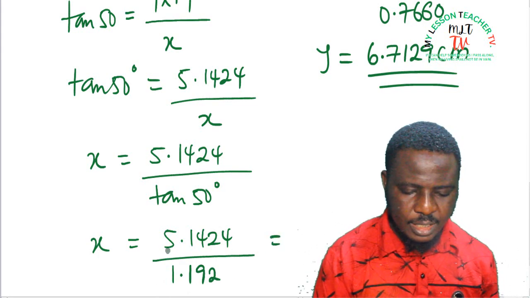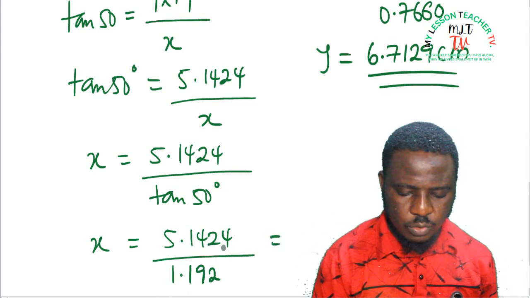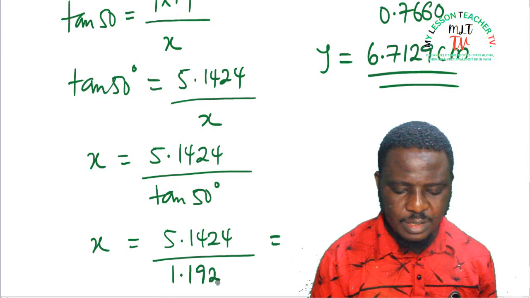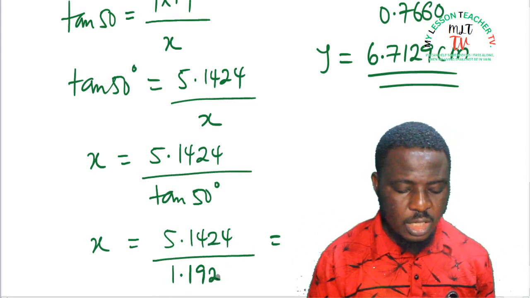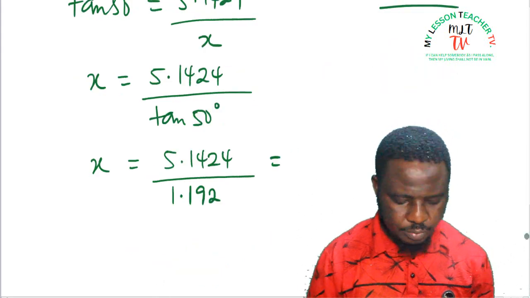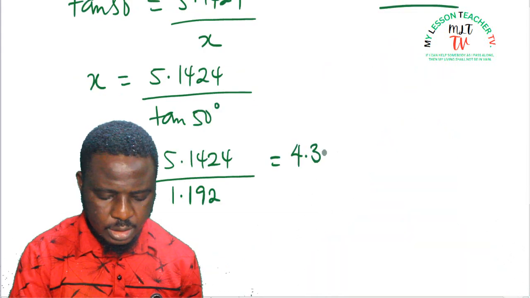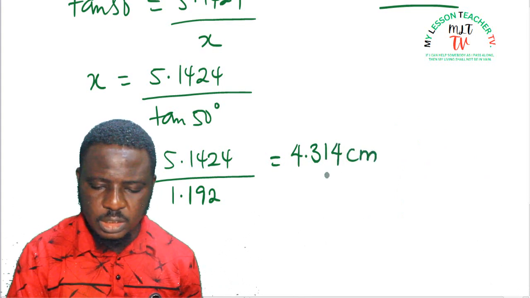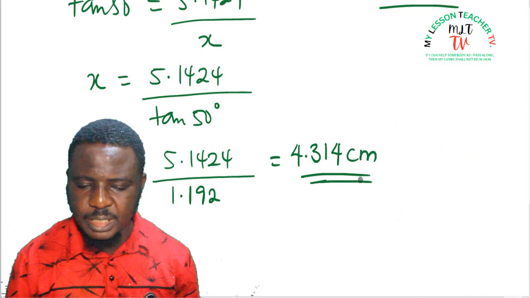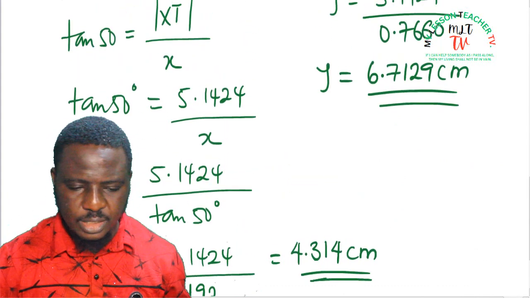When you divide 5.1424 by 1.192, it gives us the value of X. When you divide this, you will have 4.314 centimeters. So approximately, this is what you will get as your answer.